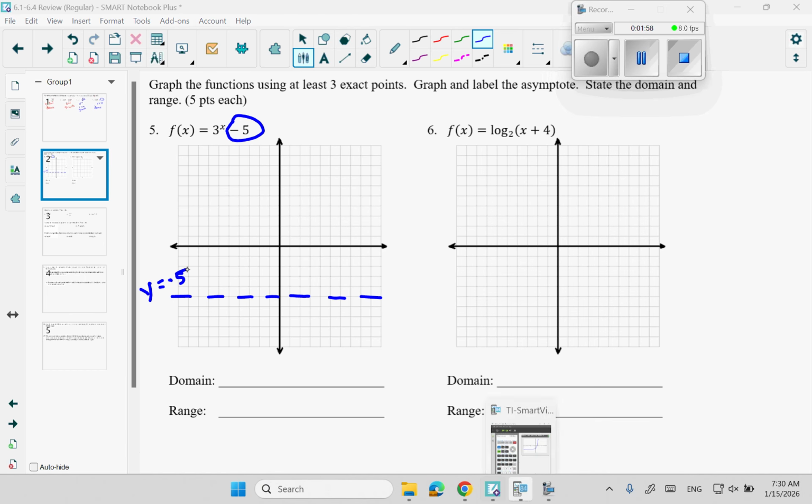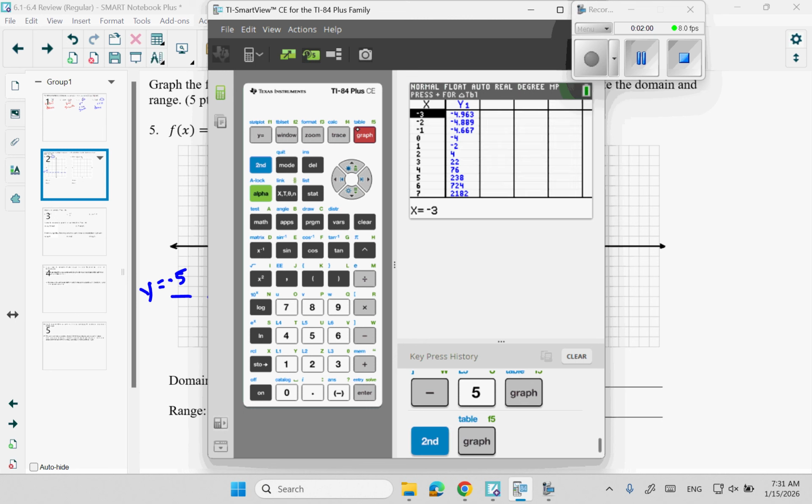I can even see that because if I go into my table, eventually I get negative 5 for all the y values because it's getting infinitely close to that asymptote but never technically there. It just runs out of spaces to do 0.99999, etc. Okay, I need 3 coordinates, of course.